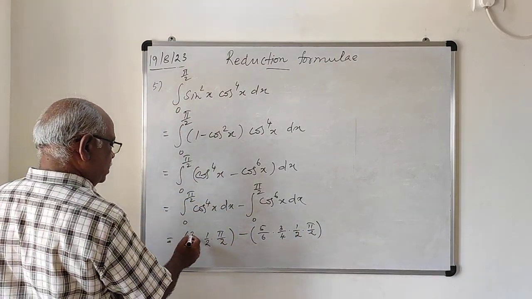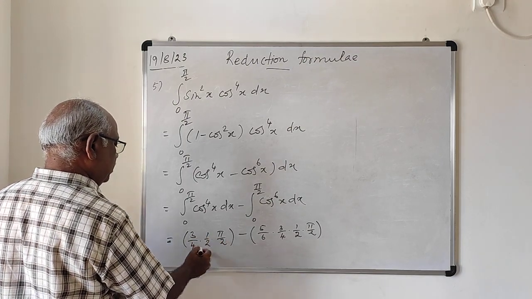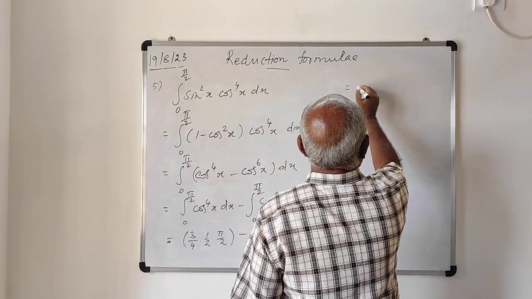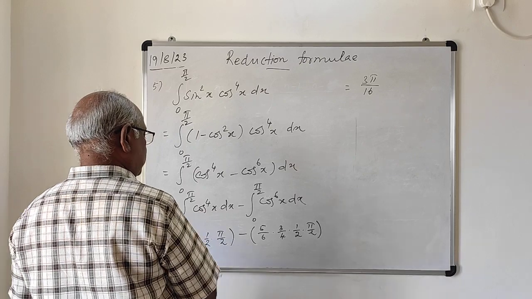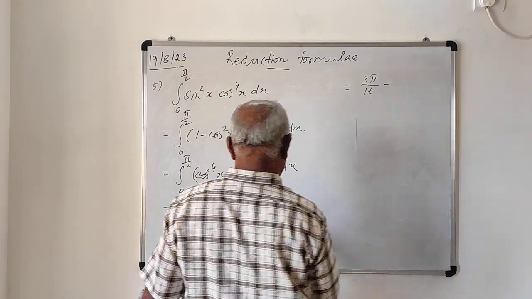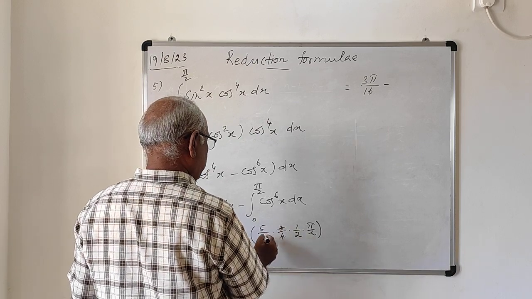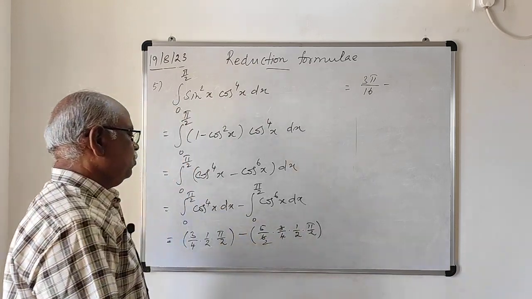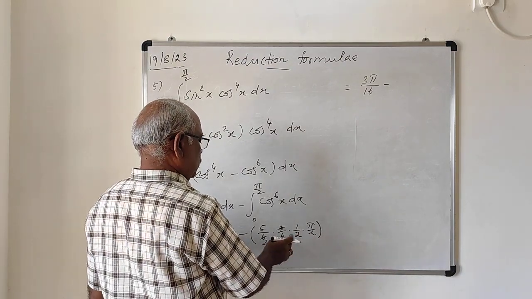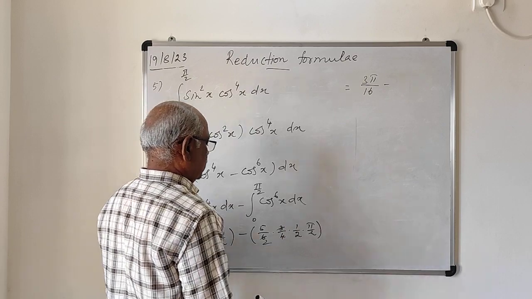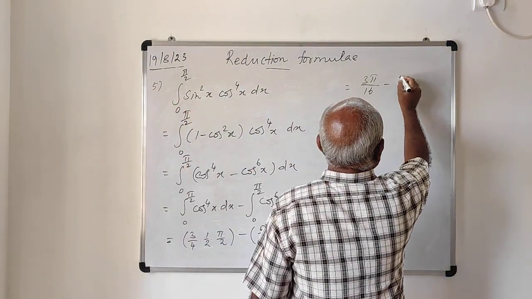Simplifying, what do you get? 3 pi by 16, minus 15 pi by 96, that is 5 pi by 32.